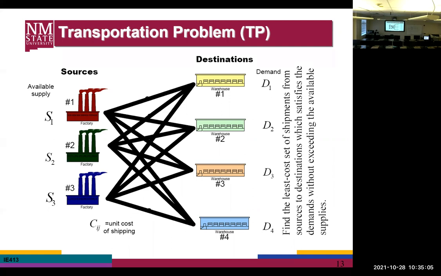And the goal of the transportation problem is to find the least cost way of transporting goods from sources to destinations, while at the same time satisfying the customer demands. Okay, of course, without exceeding the available supply amount.